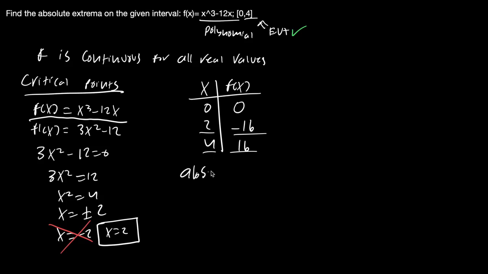So our absolute max is at 4, 16. Our absolute min is at 2, -16. Let me write this 6 better.